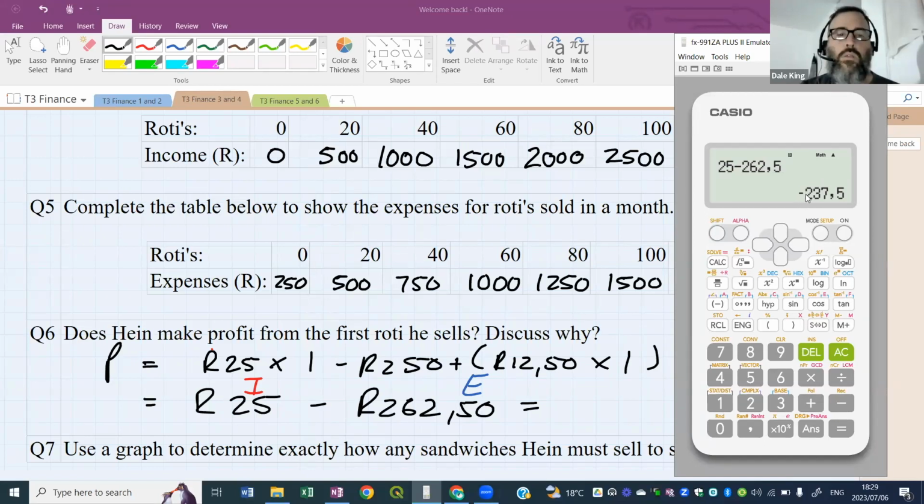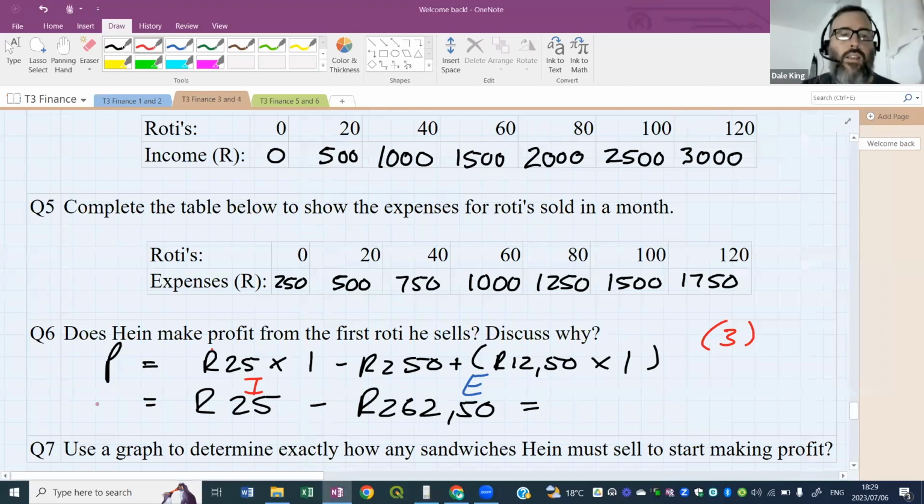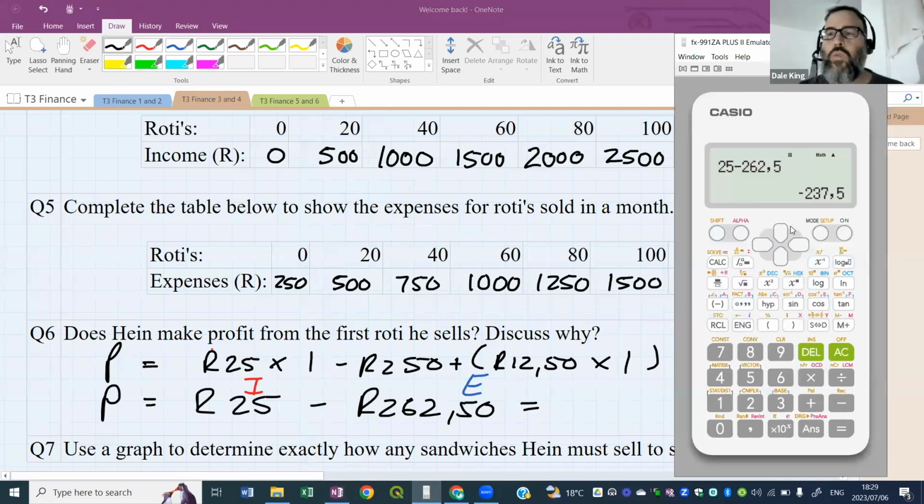If you put this into the profit equation where income is first minus expenses and you get a negative answer, you're not making profit. In fact, your equation should change to L. We don't put an L there. We interpret that there is no profit. In fact, it is a loss. When we see the negative, there is no profit. It has to be a loss.